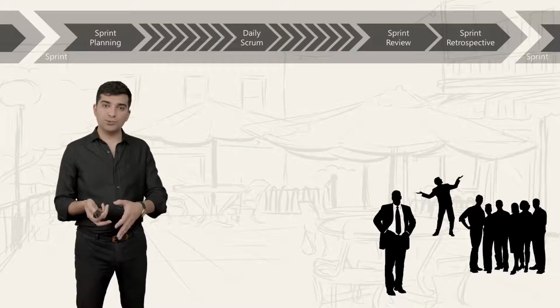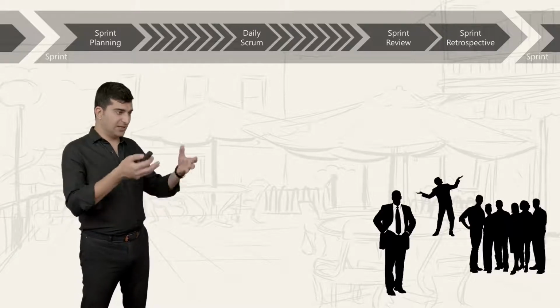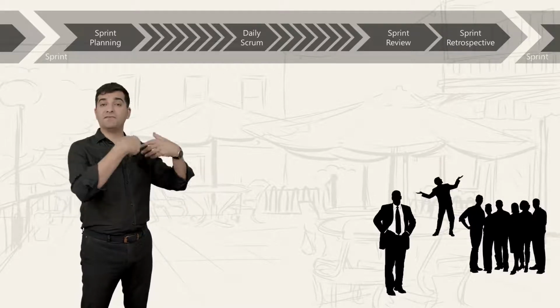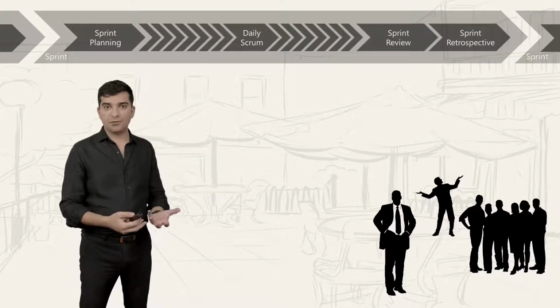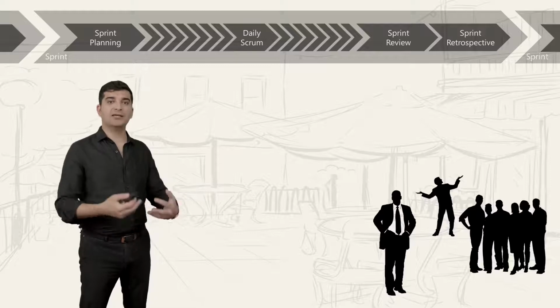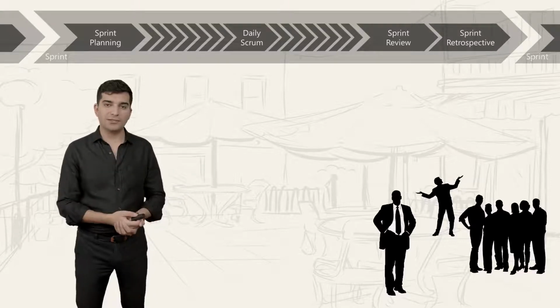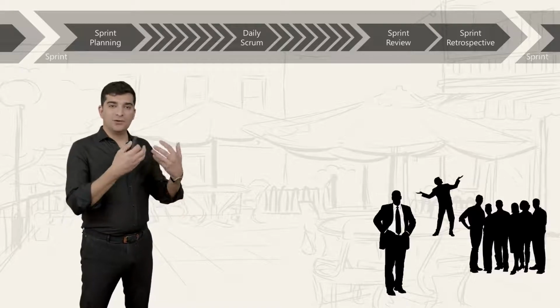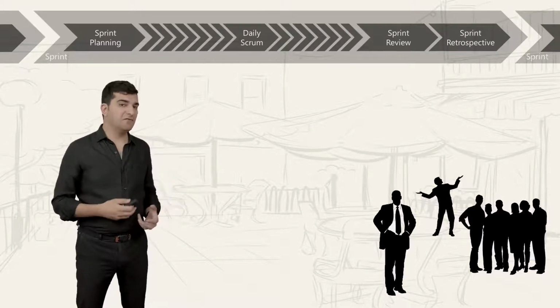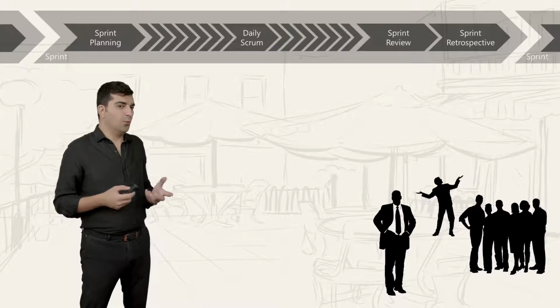And when we want to do that, we need to make sure that the product backlog reflects the latest understanding of the project, the latest ideas, the latest requests. The product backlog has to be prepared and refined. Now, when do you do that?